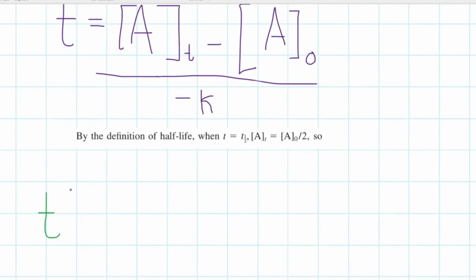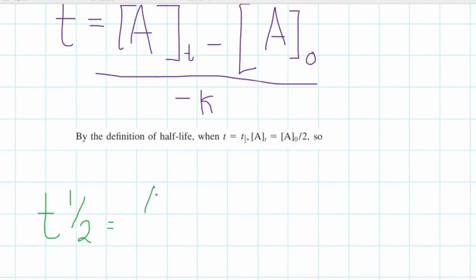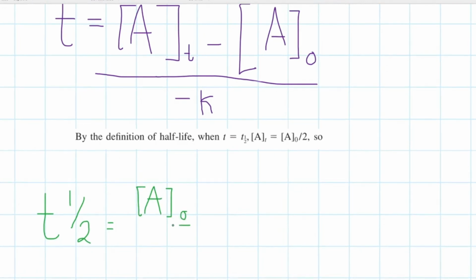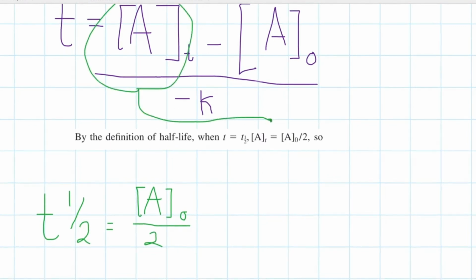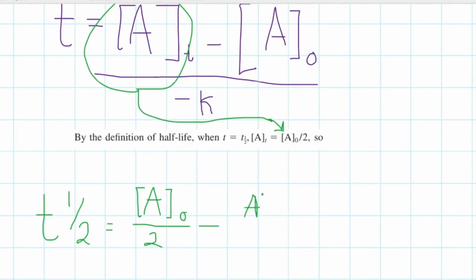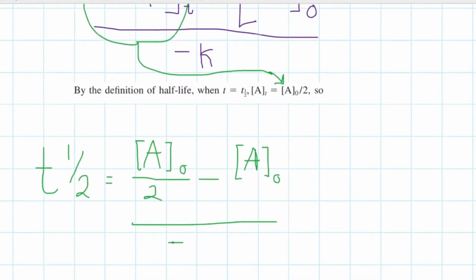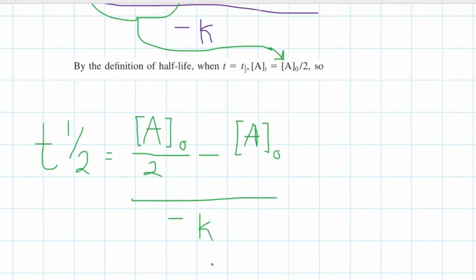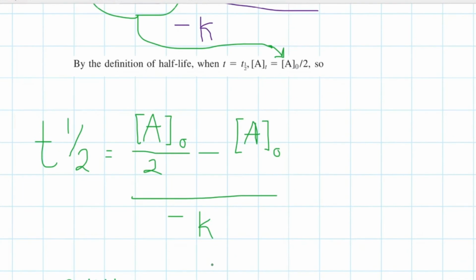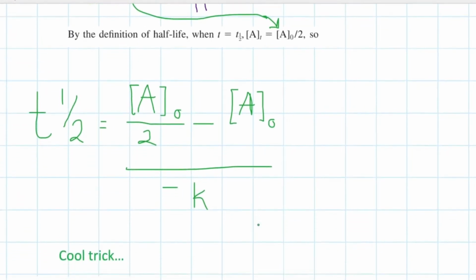So we would have T1/2 equals initial concentration over 2, minus initial concentration, over negative K. As you can see, we already have the formula for T1/2, but it's a little bit messy. So let's try to rearrange this equation.